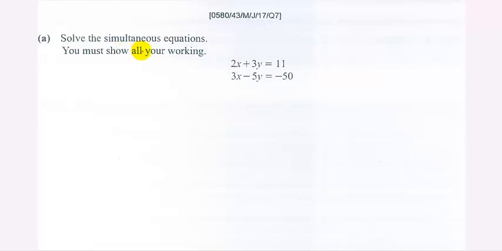Right now I am using the elimination method. In the elimination method, we have to eliminate either x or y. So how do we decide which variable to eliminate? I'm interested to eliminate y. So to eliminate y, the signs must be different.